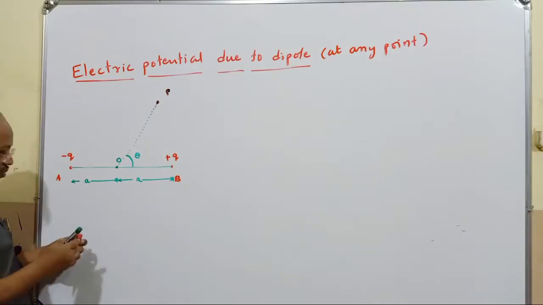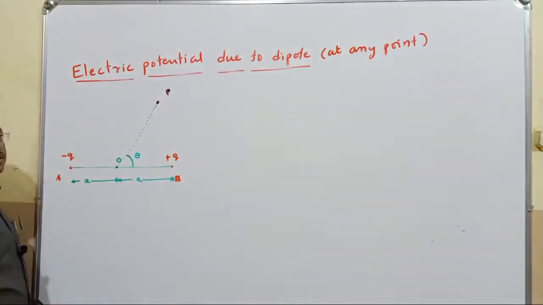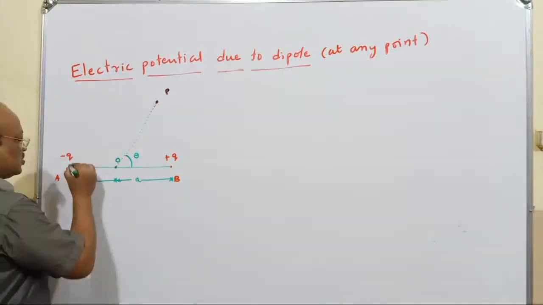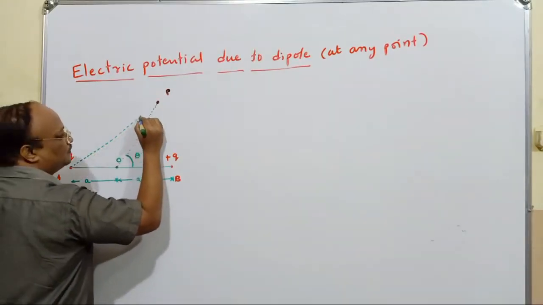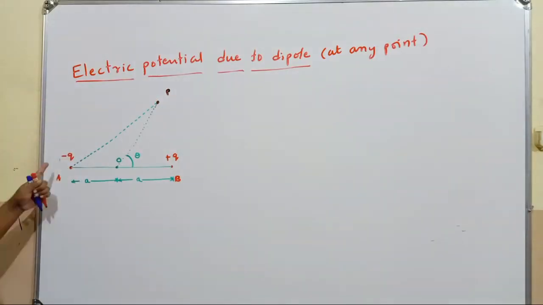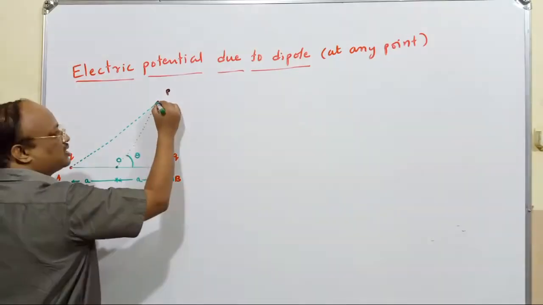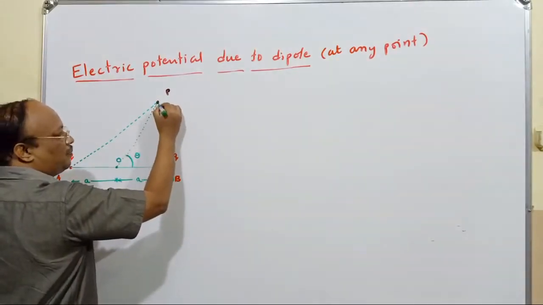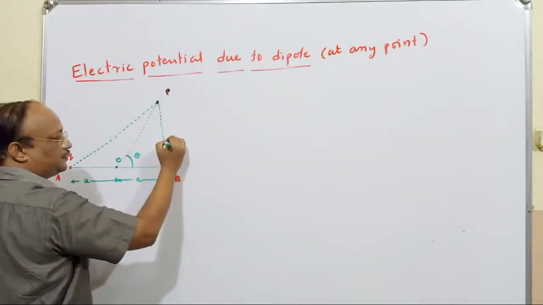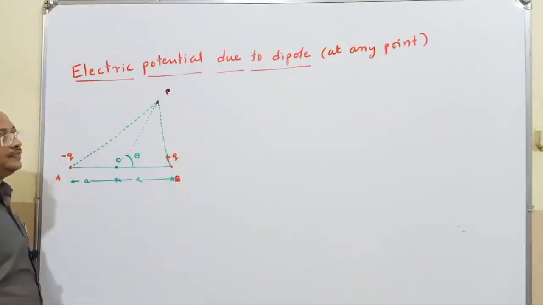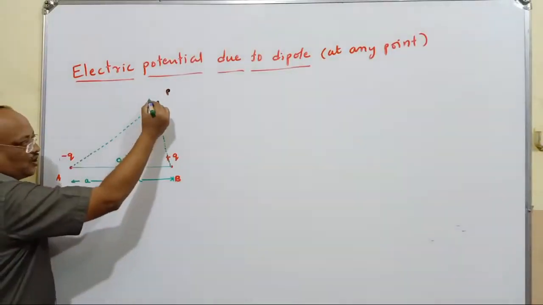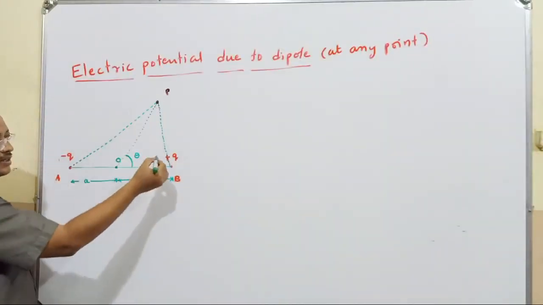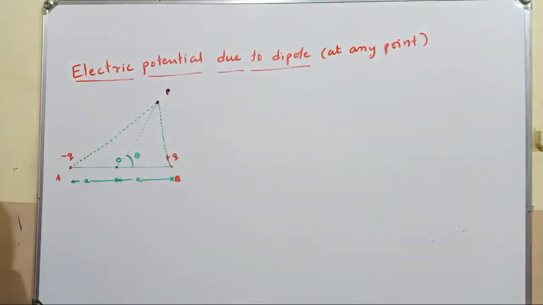So what do we have to do to find this at this point? How far is this minus q from point P? And how far is point P from here? So this length is longer than this, whereas this is a little shorter than this.